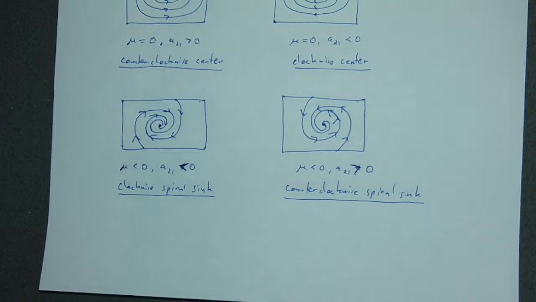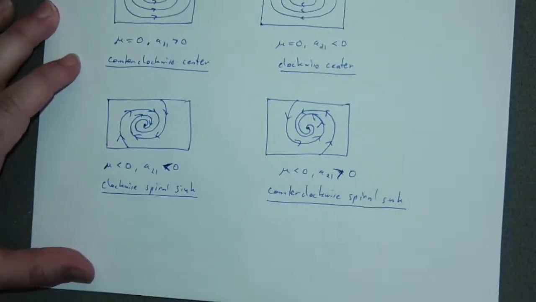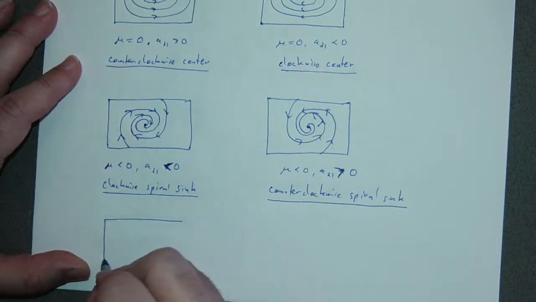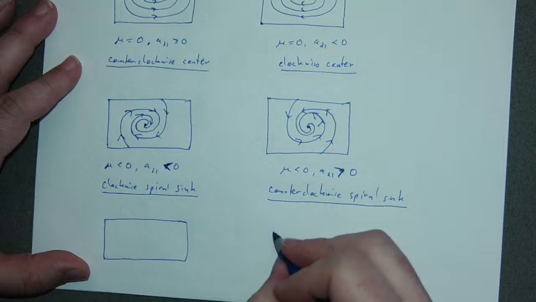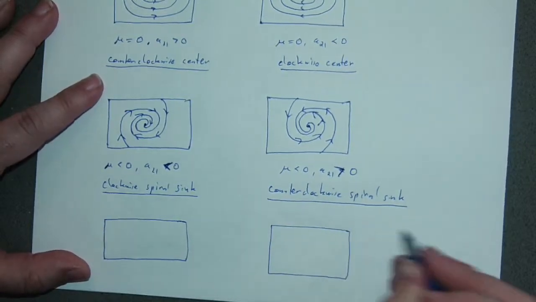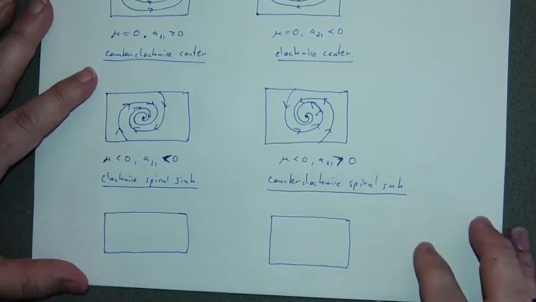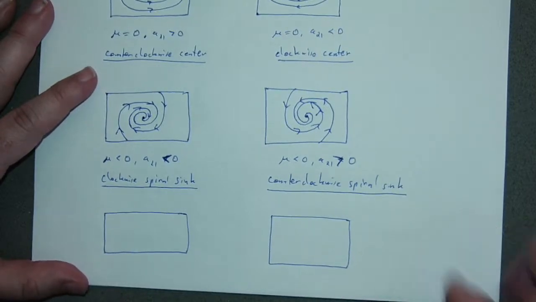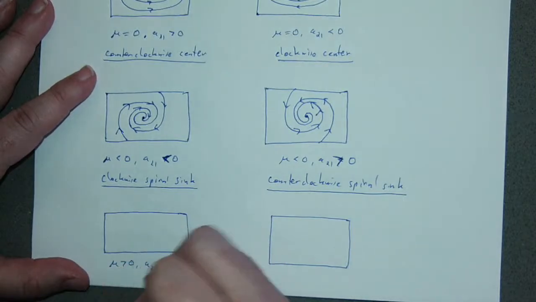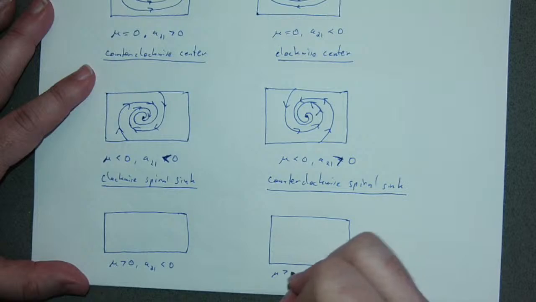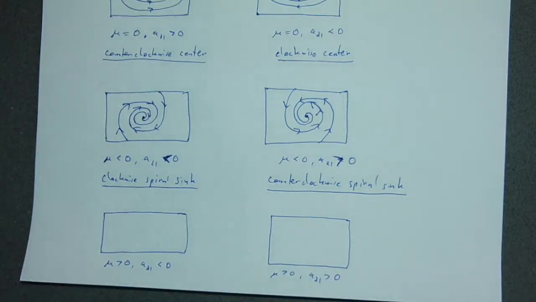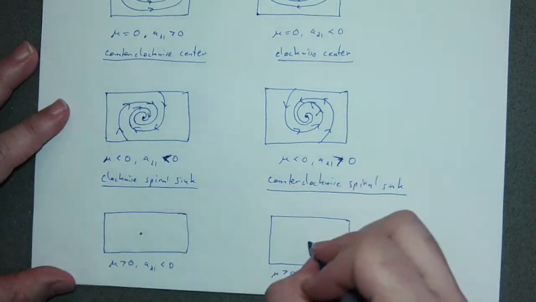Okay. Let's do next. What happens when mu is positive? So let's say mu is positive and A21 is negative, and mu is positive and A21 is positive. Again, the origin's a stationary point.